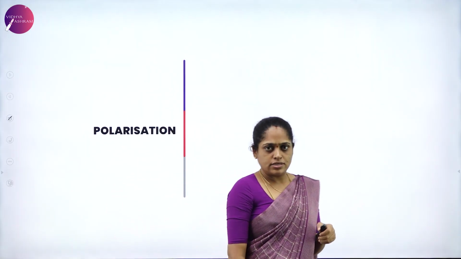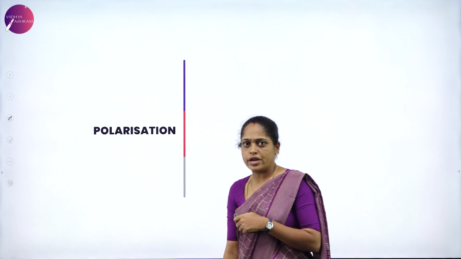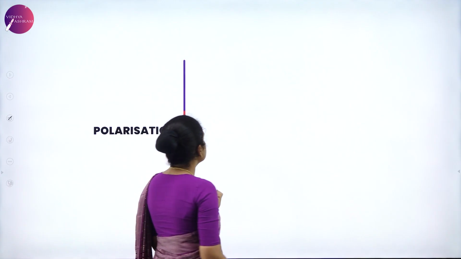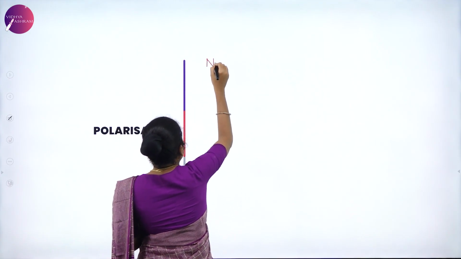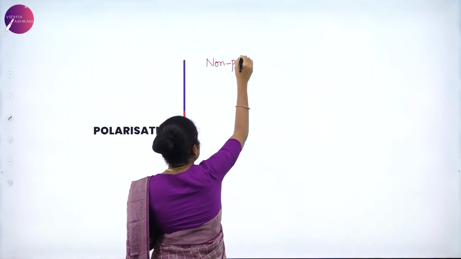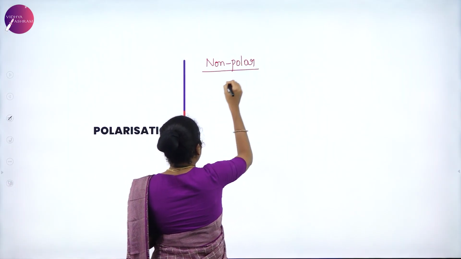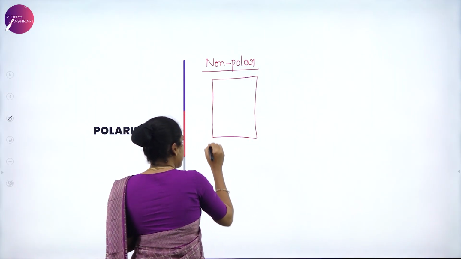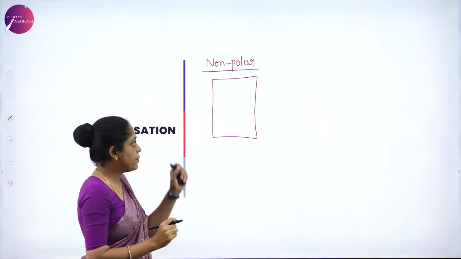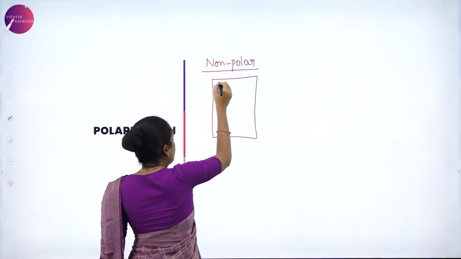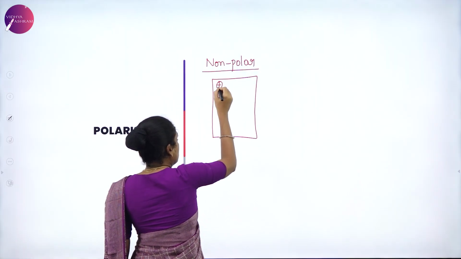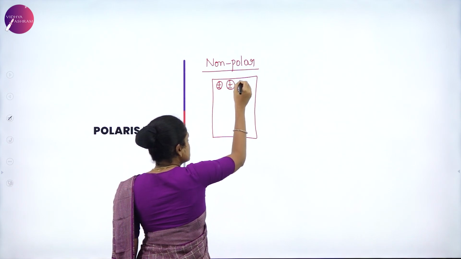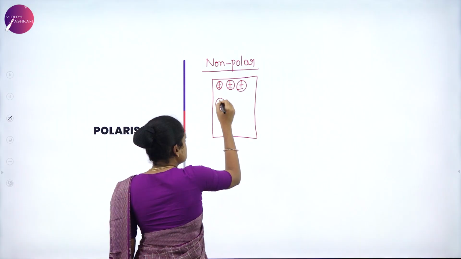Now, what is polarization? Let us understand polarization with polar and non-polar molecules. First, I consider the non-polar molecules. I have considered a rectangular slab of non-polar dielectric, whose positive charge and negative charge coincide.